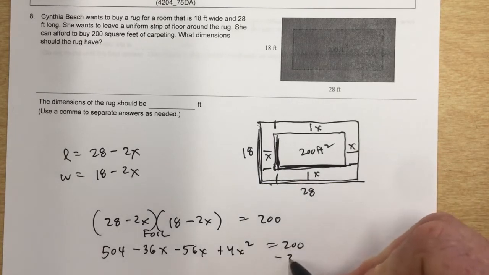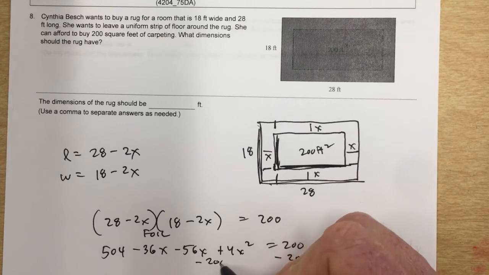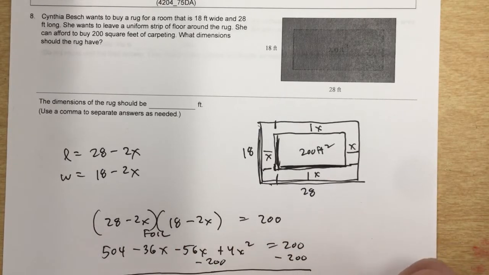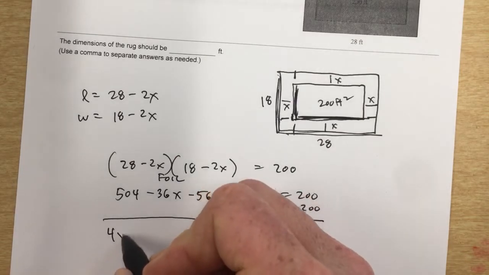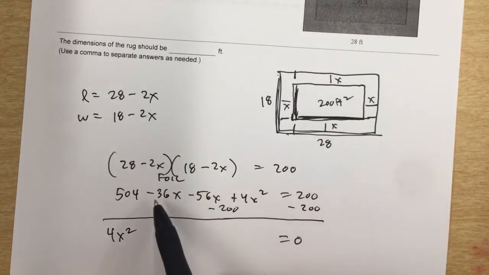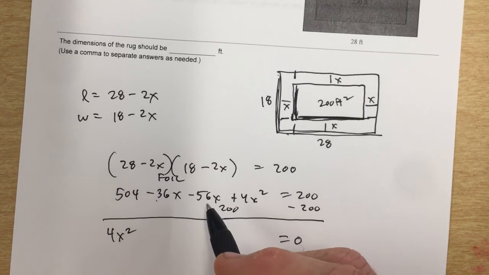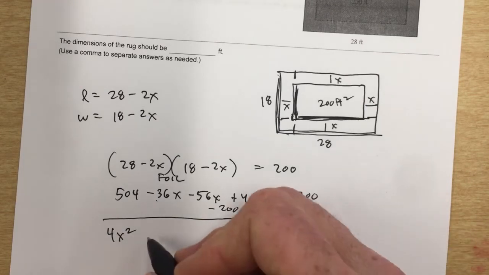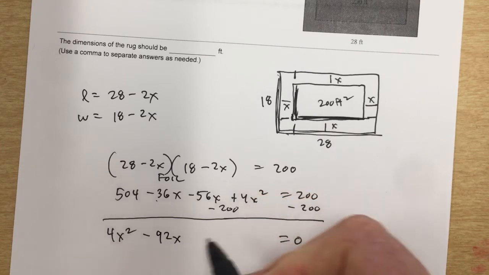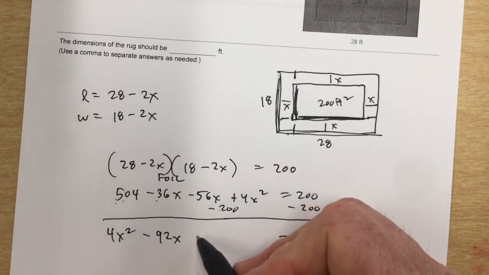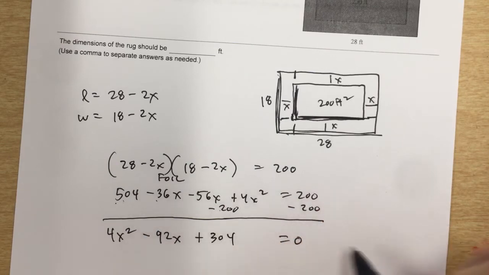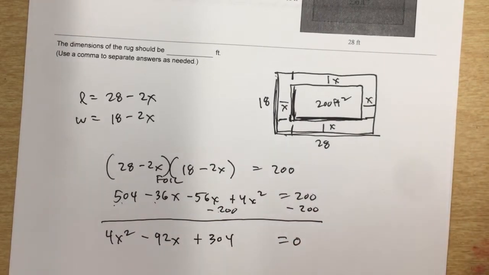So I'm going to subtract 200 on both sides to make this equal 0. Now I've got 4x squared first, then negative 36 plus negative 56, which is negative 92x. And then 504 minus 200, which is 304. And there you go. I need to solve this quadratic equation.